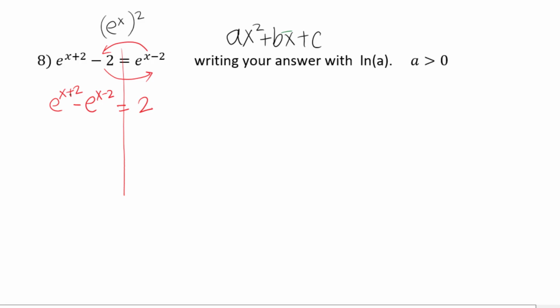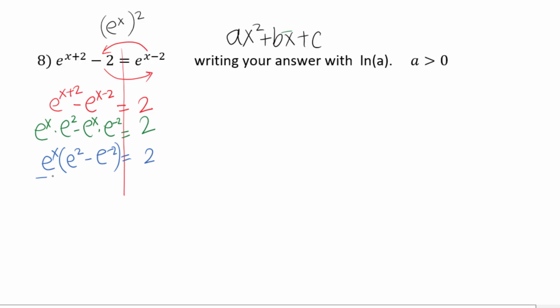Then for e to the x plus 2 power, we will write e to the x power times e squared minus e to the x power times e to the negative second power equals 2. Then we can take e to the x power out. You will get e squared minus e to the negative second power equals 2.